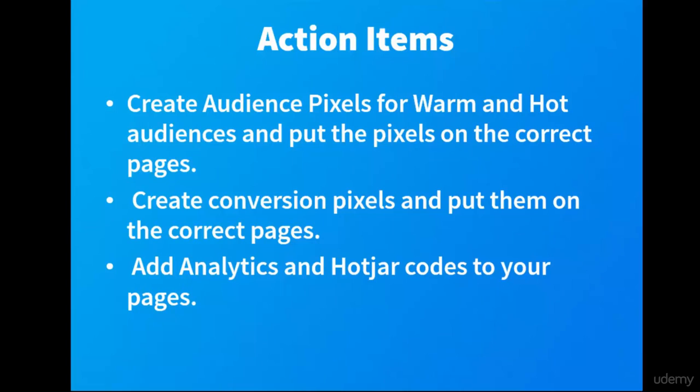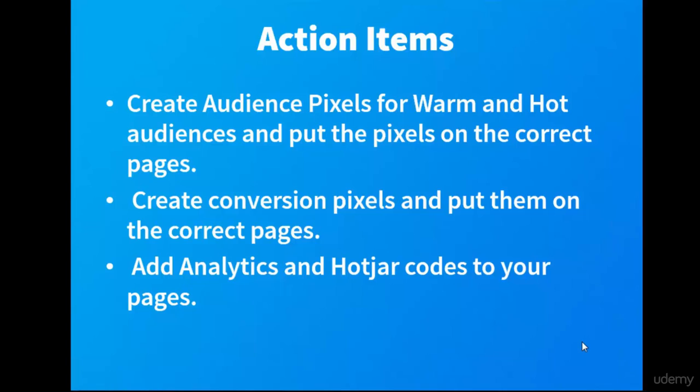So your action items are to create some audience pixels for warm and hot audiences. And warm and hot, just real quick, your warm audiences would be the people that have landed on your landing page. Your hot audiences would be the audiences that you create from your pixels on your buyer's page and thank you page. Your warm audience is still good.